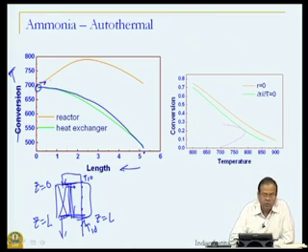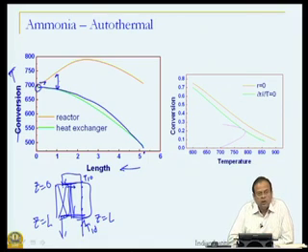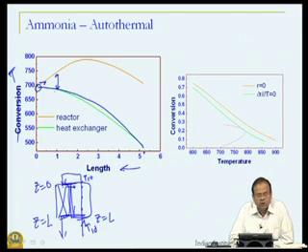So, what is happening in the reactor? In the reactor, as I said, initially temperature will increase. Now, it comes a little further down, you see that the driving force, that is the temperature difference between the reactor temperature and the shell side temperature, is now increasing and the reaction rate is gradually decreasing. So, what will happen?